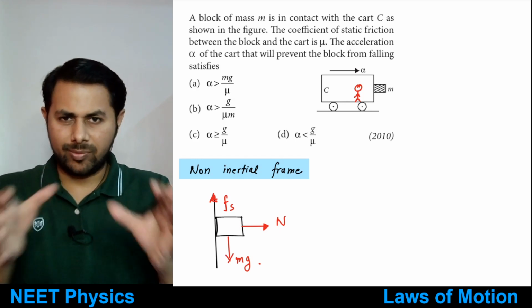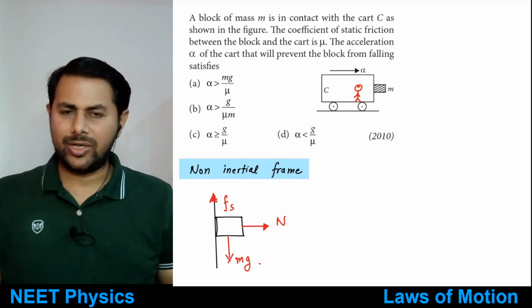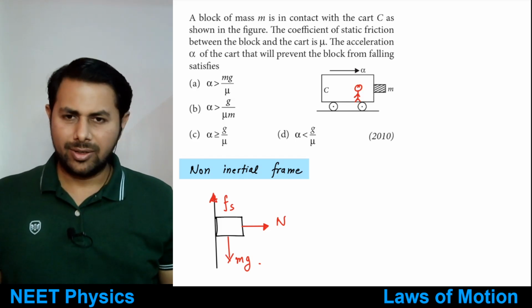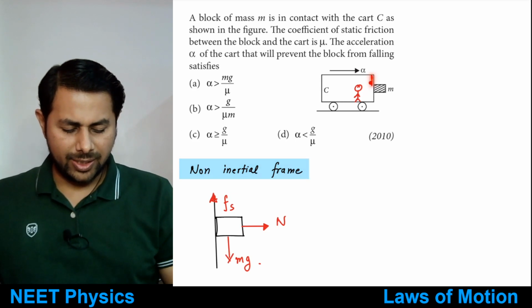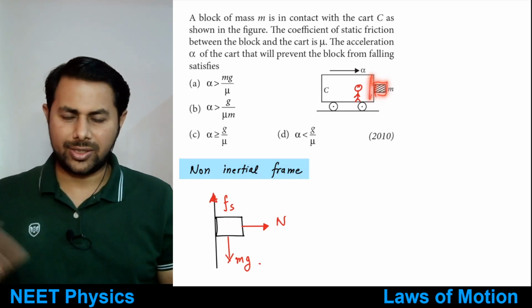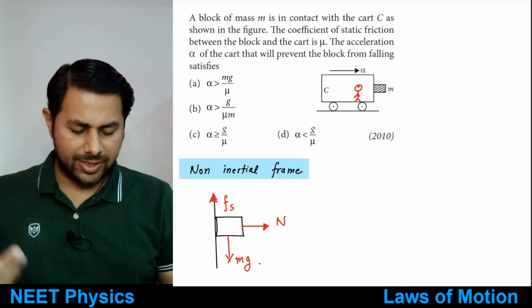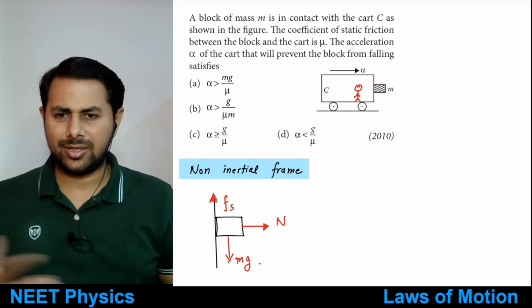So for him, the block is steady. He himself is steady, the other world is moving in the backwards direction with some acceleration alpha. He is steady, the block is also steady because the block is over here only. It's not sliding down, it's not moving up, right? So he sees that block and for him it is steady. This thing is clear? Yes, no?